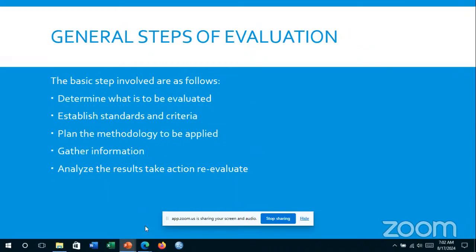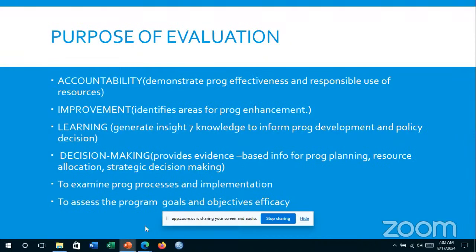And what is the purpose of evaluation? The purpose is to make sure that we have an idea as to what we should do, because we are accountable for what we do. We have an idea of the baseline so that we can measure improvement based on the baseline. We have an idea of what is learned in the course of care by the patient as well as by the provider.